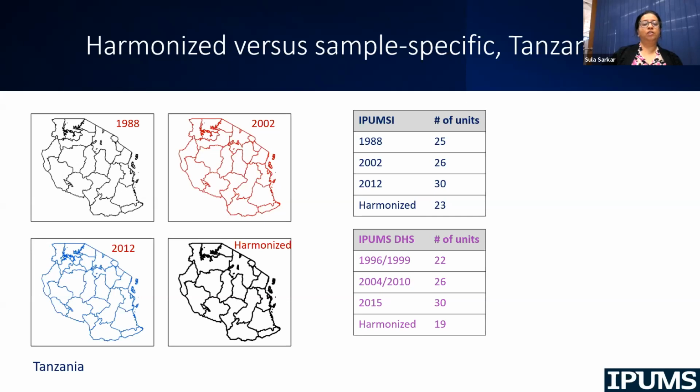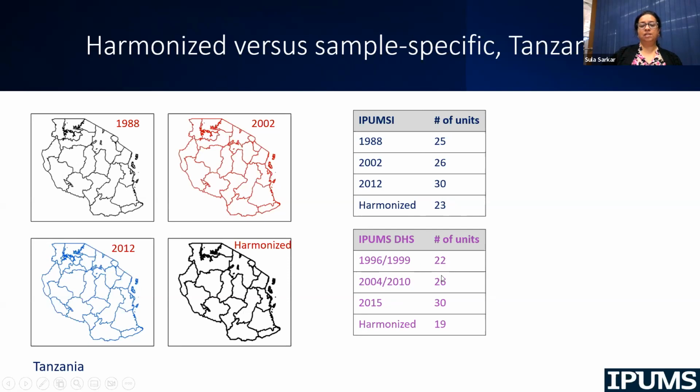If you want to just study 1988 or 2012, the latest census, then you would use the individual sample specific boundaries. But if you want to study change over time, you want the harmonized boundaries. So you can see 2012 has 30 units, and the harmonized unit actually has 23 units.